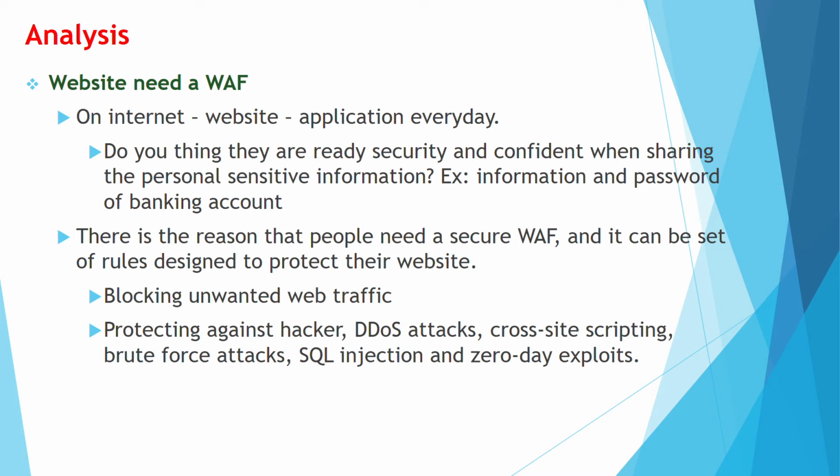So moving to the next part, the analysis. In this part I will give more information about how to set the web application firewall to your website or your network environment.